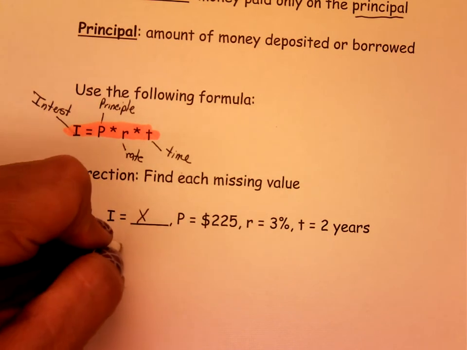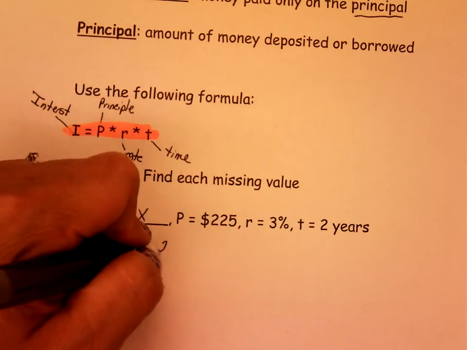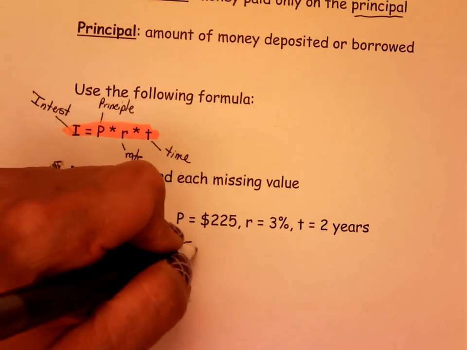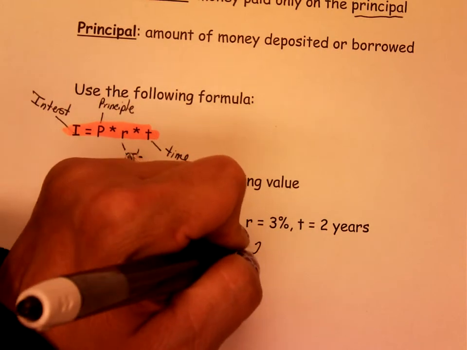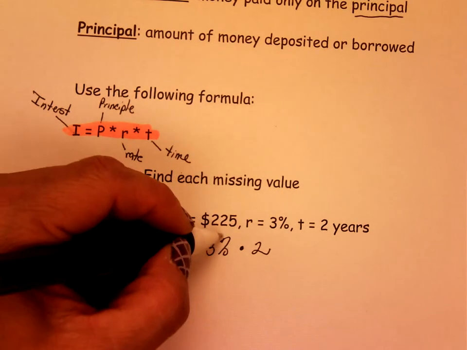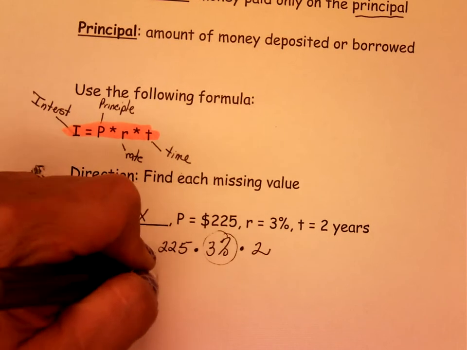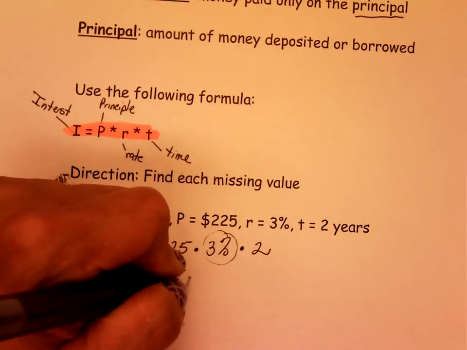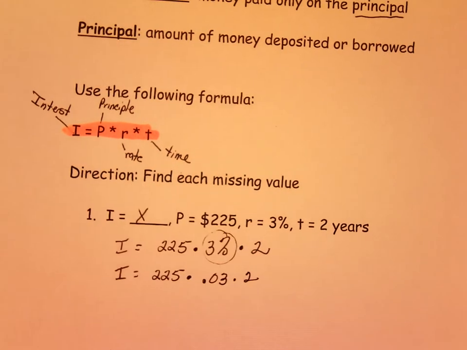I, we don't know, so you keep it as I is equal to, then it's 225 times 3% times 2. So you're just multiplying all of these. Now you have to convert your percent to decimal. So really it says I is equal to 225 times 0.03 times 2.